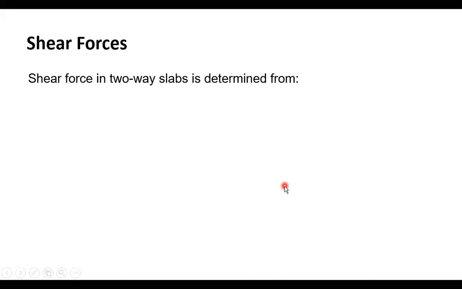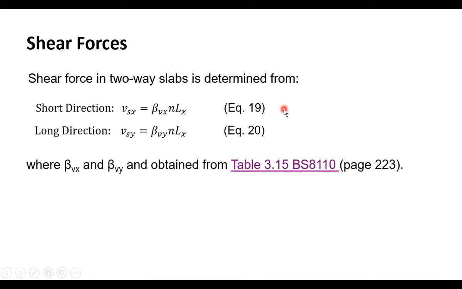How about shear forces? Also shear forces in the two-way slabs, we can determine them from equations 19 and 20, which are very similar to equations 10, 11, or 14, 15 for the bending moment. But we have some difference here. The shear in the short direction and the shear in the long direction, we can get from this equation, beta Vx n Lx, beta Vy n Lx also.